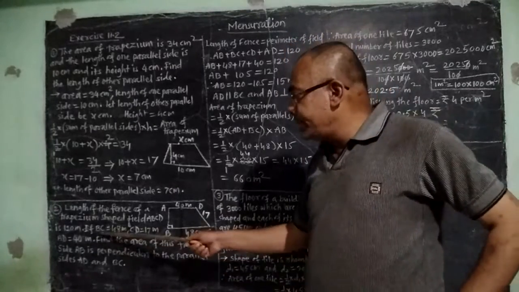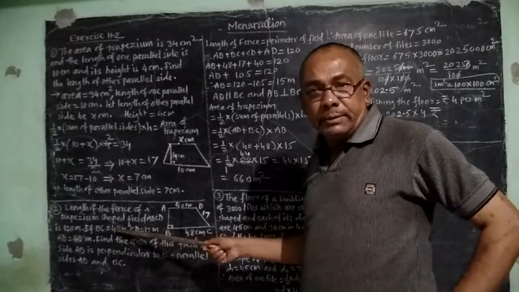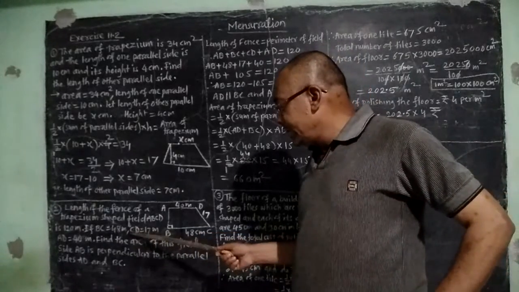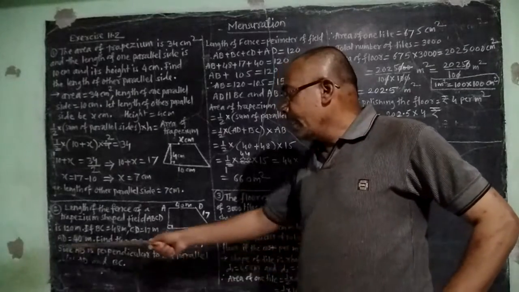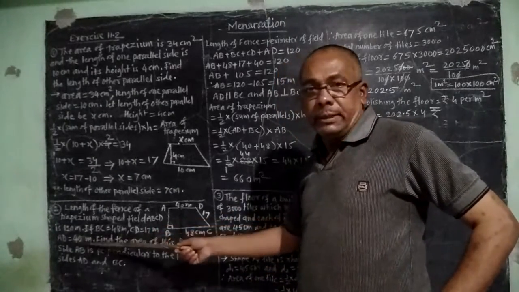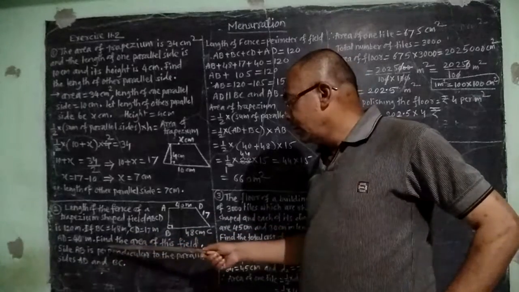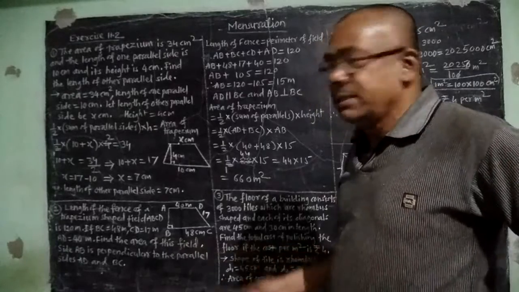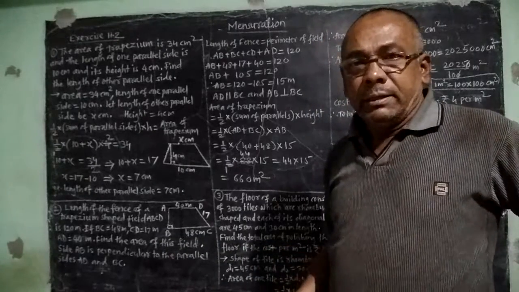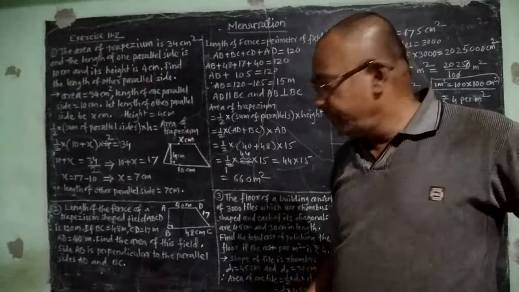If BC is equal to 48 meter, CD is equal to 17 meter, AD is equal to 40 meter, find the area of this field.